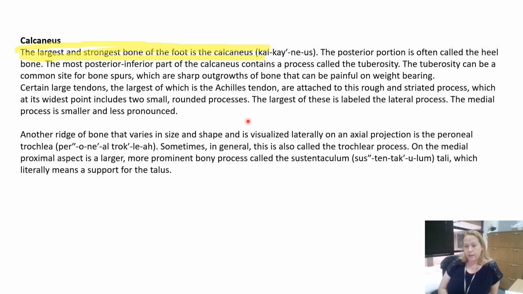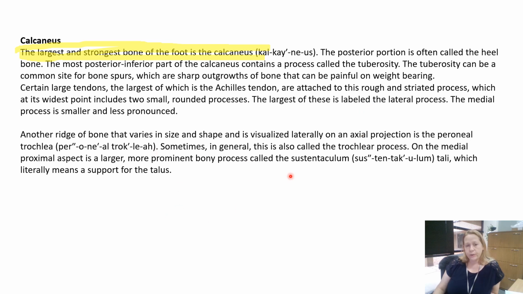But I will tell you this, it's not the bone spurs that cause the pain. You can have pain and not have bone spurs, and you can have bone spurs and not have pain. It's actually the plantar fascia, a part of a tendon, that is being upset there.